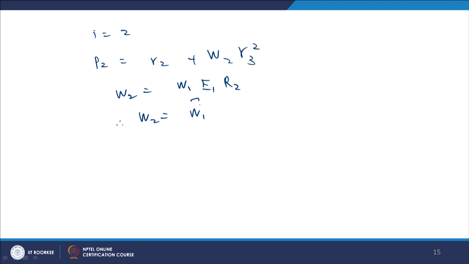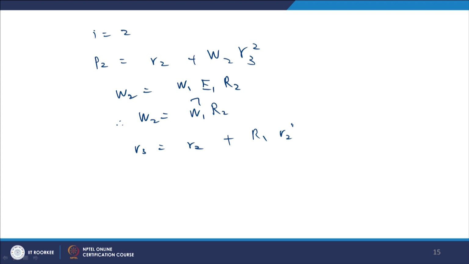So, W_1 is R_1, and hence the P_1 vector is finally obtained to be R_1 multiplied by P_1 with respect to 1. Now, i equal to 2, where the second frame comes, we have the vector P_2 equal to R_2 plus W_2 multiplied by the vector R_3 defined with respect to frame 2. W_2 is given by W_1 E_1 multiplied by the rigidity matrix R_2 having the joint variable theta 2. Therefore, W_2 is given by W_1 hat R_2. Finally, R_3 is given by R_2 plus R_1, R_2 defined with respect to 1.